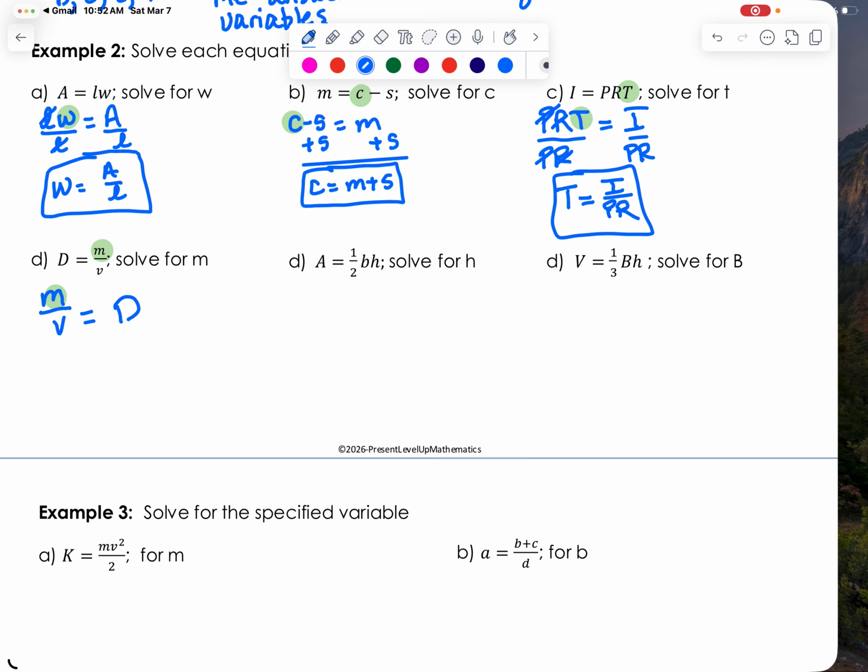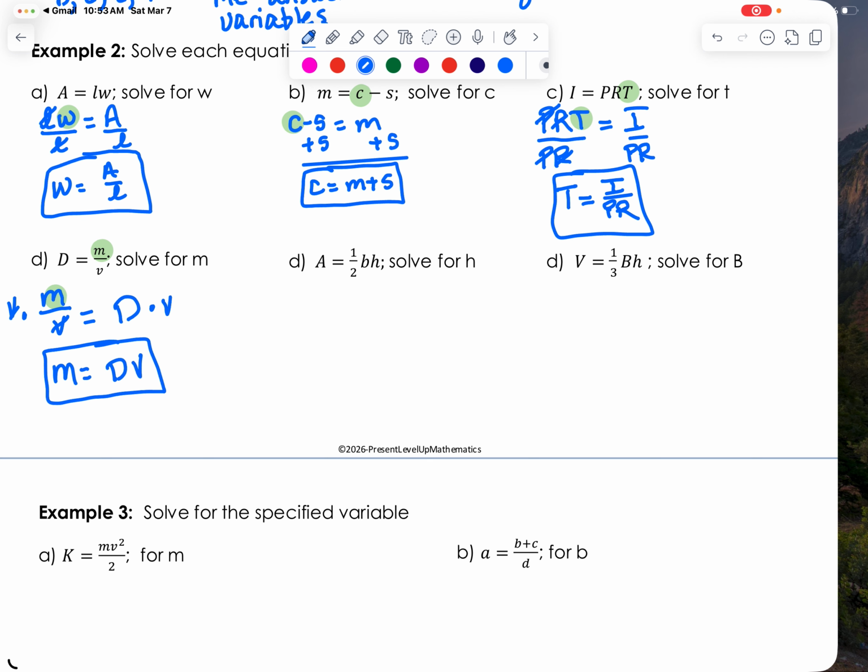This is M divided by V, and the inverse operation for division is multiplication. So I'm going to multiply both sides by V. When I do that, this V cancels with this V, leaving me M, and this would be D times V.